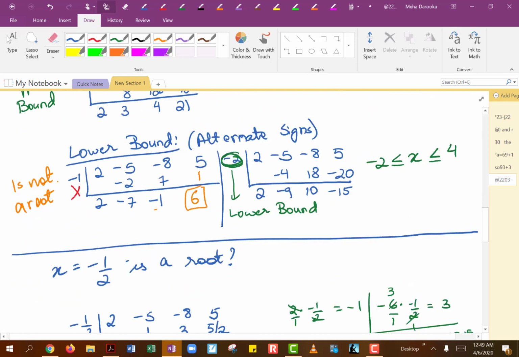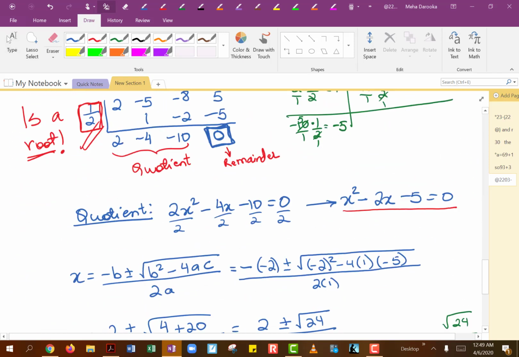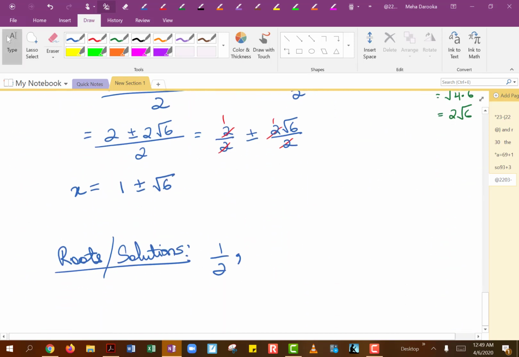So let me show you that. 1/2 is one of our positives, and then 1 plus square root of 6 is actually our other positive root, and then 1 minus square root of 6 is going to be your negative.